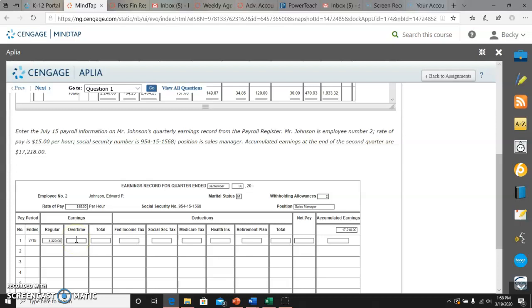Overtime earnings, 112.50. Let me re-enter that one. I'm not positive. 112.50. His total earnings were $1432.50.